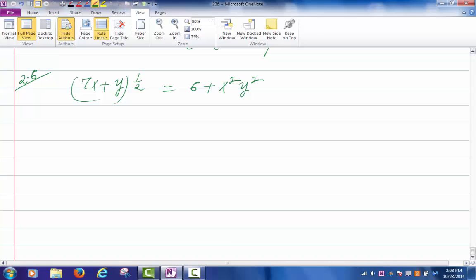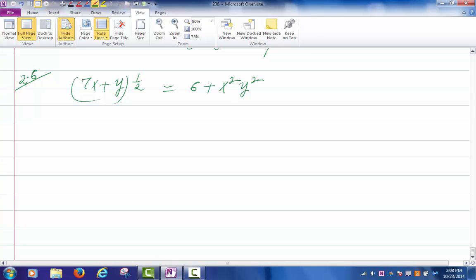Okay, so that means that you have to find the derivative of both sides with respect to x. Remember, we are viewing y as a function of x. So you look at the left hand side, you have something to the power half, right? So the base 7x plus y of the left hand side, you wish that that was just x.